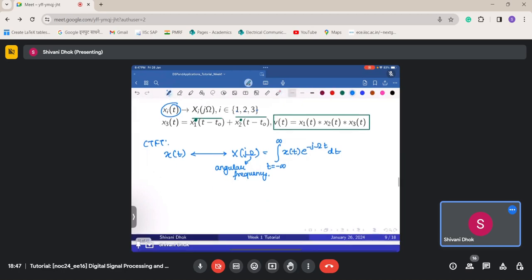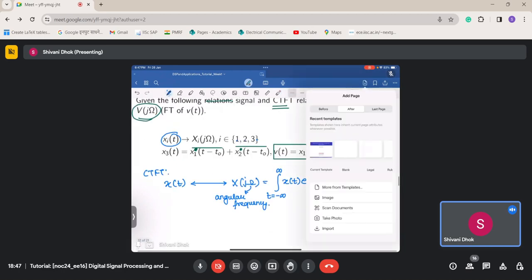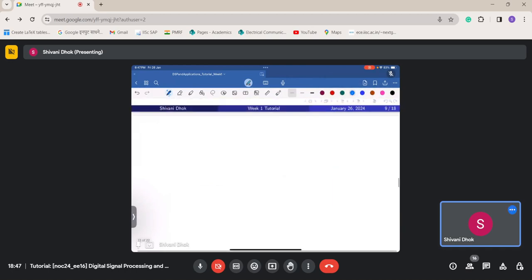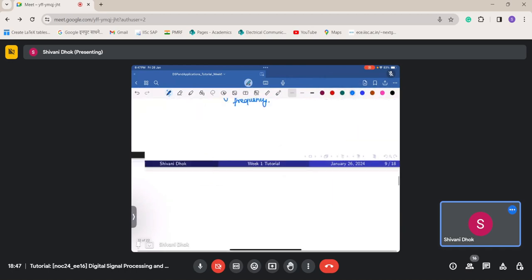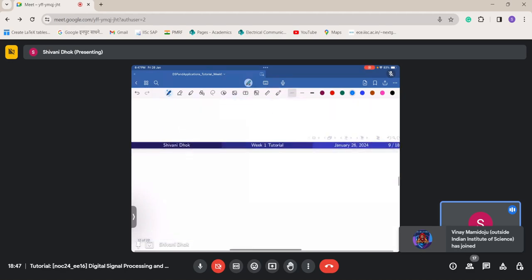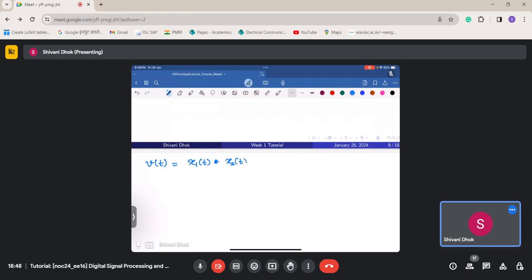In the initial signals and systems course, we have seen various properties of the Fourier transform, which shall be handy here. So v(t) is equal to x1(t) convolved with x2(t) convolved with x3(t).